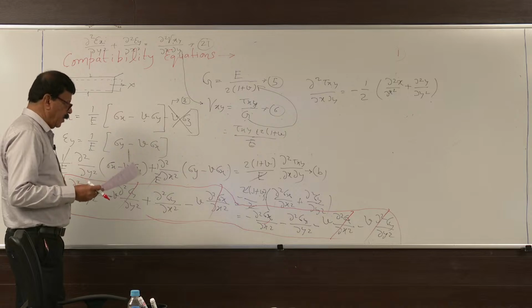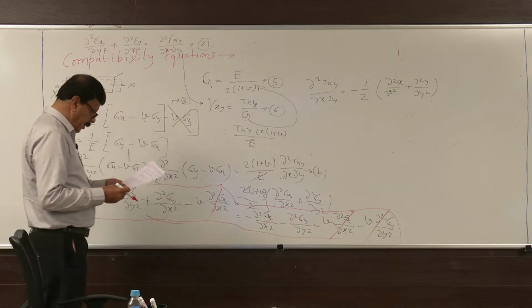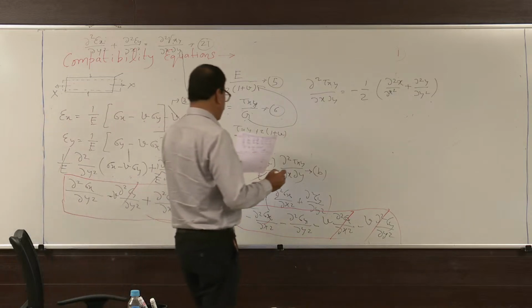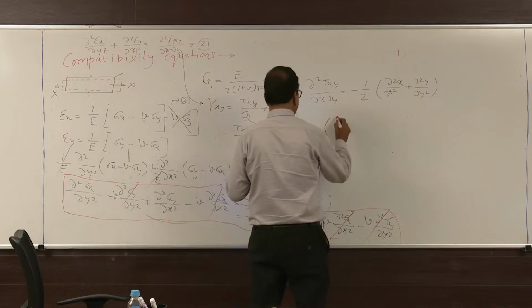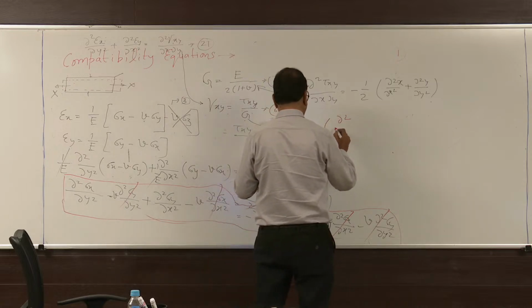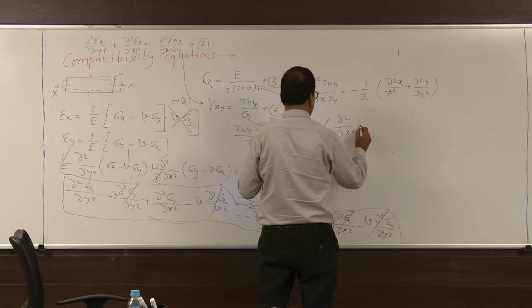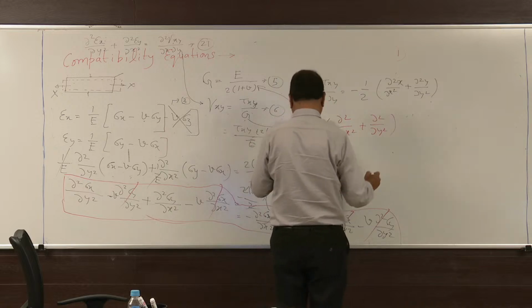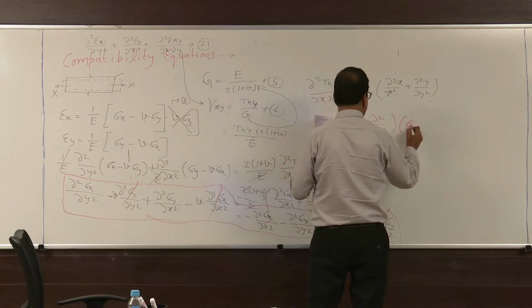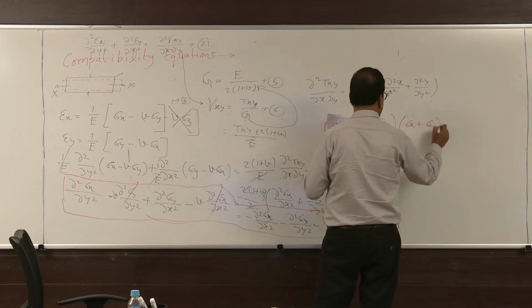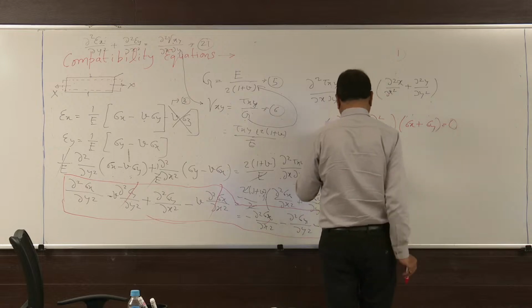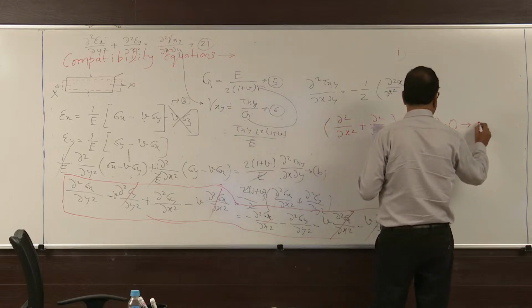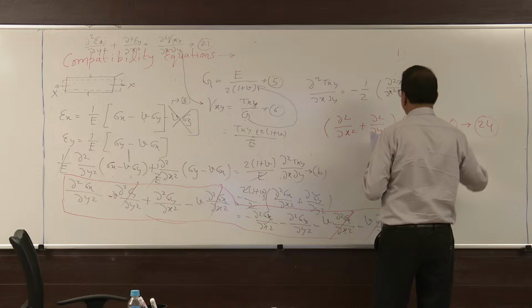These things are cancelled, so finally we'll get equation number 24.